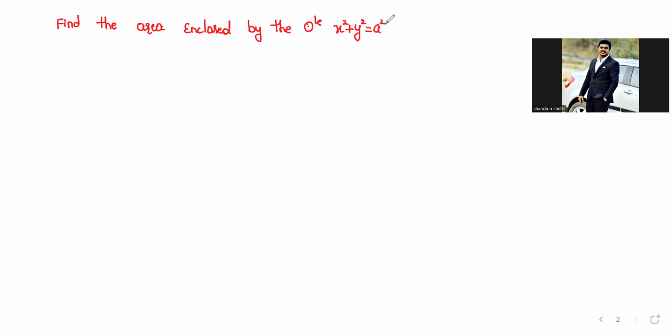So we are discussing this question now. All of you should observe, in this equation x square plus y square equal to a square, what do we have? The center is 0 comma 0 and the radius is a. Okay.